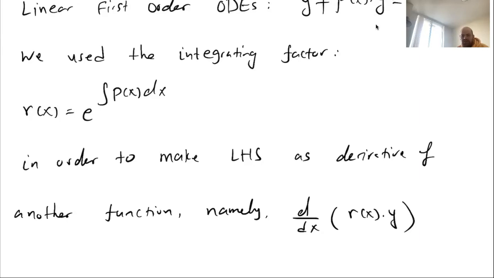We chose r of x properly this way so that the left-hand side becomes the derivative of r of x times y.